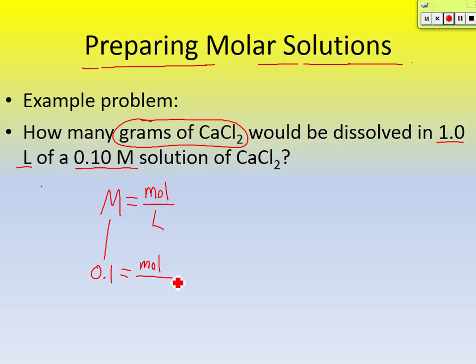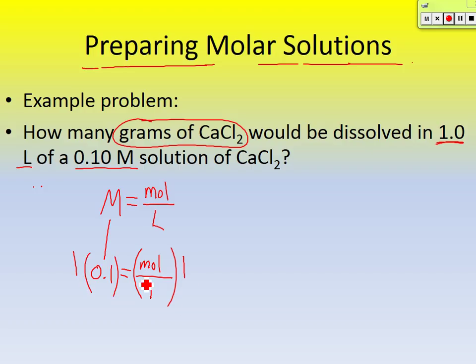Now, divided by liters. Did it give us liters? Yeah, it told us that it was a 1 liter solution. So 1 goes in at the bottom. Now, of course it's 1, so 0.1 is equal to the moles. But if this was a different number, you want to get moles by itself, we're going to times both sides by 1.